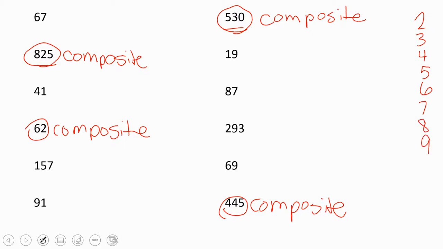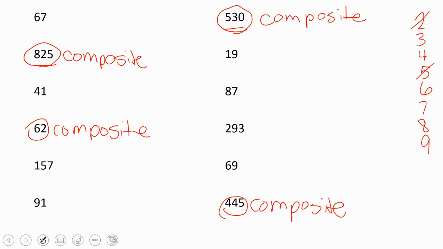It's just easier to check. So first thing you should do is check 2 and 5. Those are the 2 easiest. After that, I check 3 and 9. So I'm going to go through all my numbers and do 3 and 9. So 67 did not work.